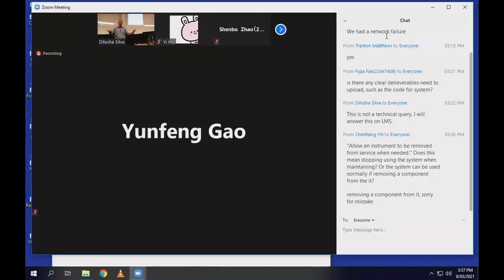Now, normally when a piece of equipment is taken out of service because it's undergoing some kind of maintenance, a sign is placed on it that might say out of service or something. So the idea of that is just having the ability to say, if someone comes in and swipes in while this equipment is deemed to be out of service, they shouldn't be allowed to swipe and have the equipment turn on. That's really the essence of that question. So hopefully I've addressed that.